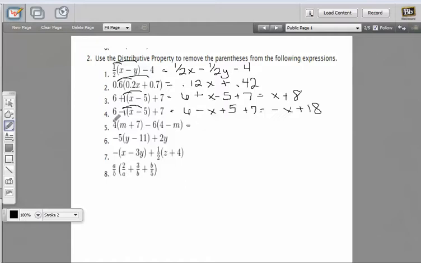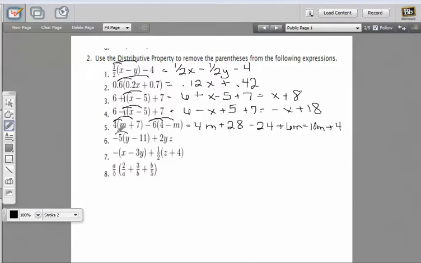In number 5 here, we have to distribute the 4 to get 4m plus 28. And then we have to distribute the negative 6. So negative 24 plus 6m. If we want to combine like terms there, 4m plus 6m is 10m, and 28 minus 24 is a positive 4.